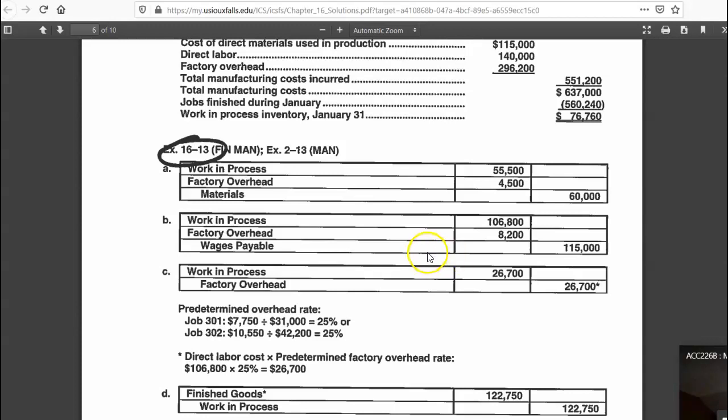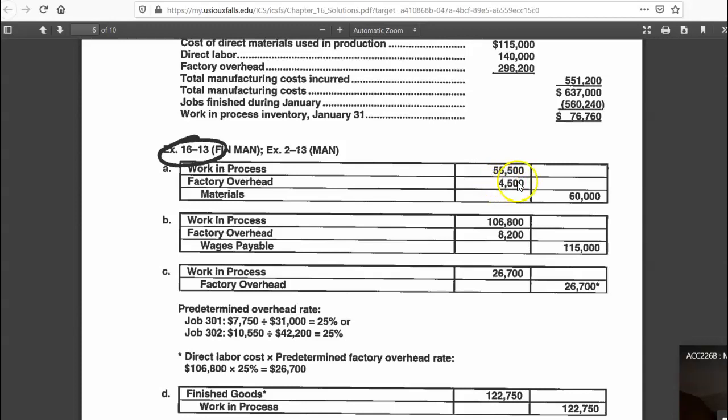Okay, so first of all, if you go through and add up all the direct materials for jobs 301, 302, 303, 304, so the 12,500, the 18,750, if you see that in your text, the direct materials for 303 and 304, that total is right here, 55,500.